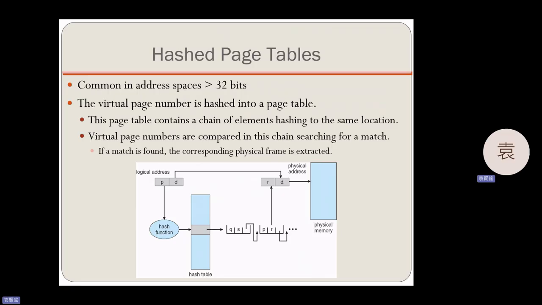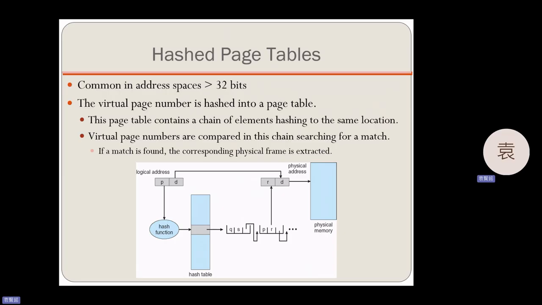Hashed page tables are usually used when the logical address is larger than 32 bits. The virtual page number is hashed into a page table using a hash function, into a small fixed-size hash table.